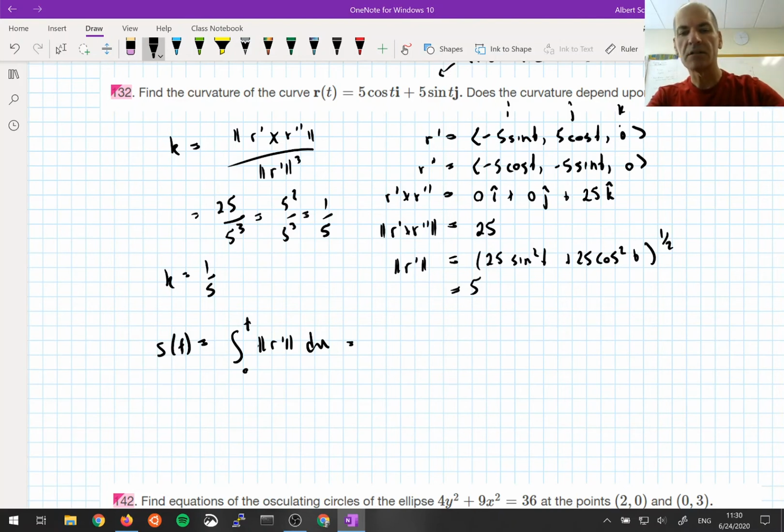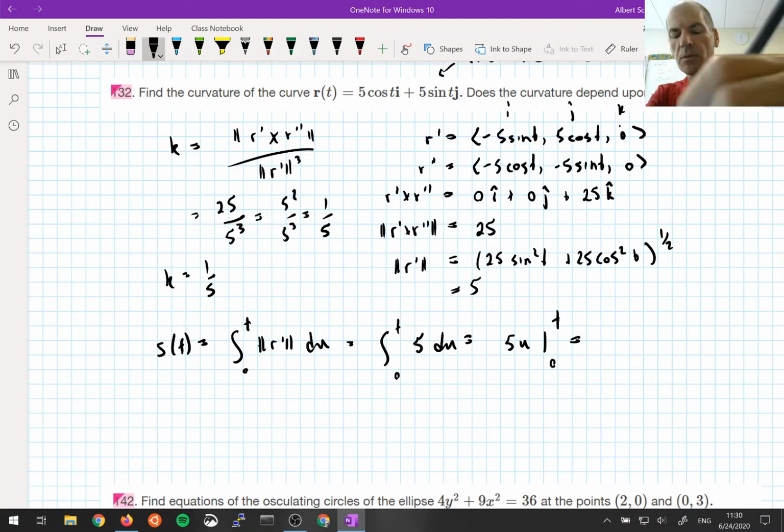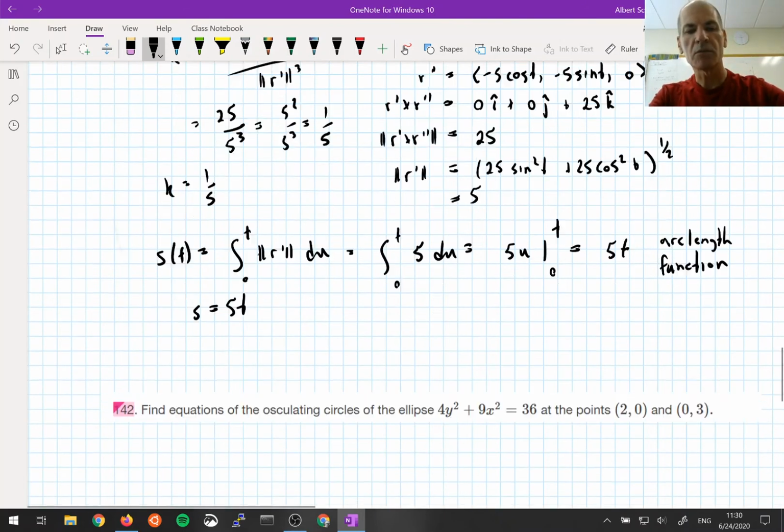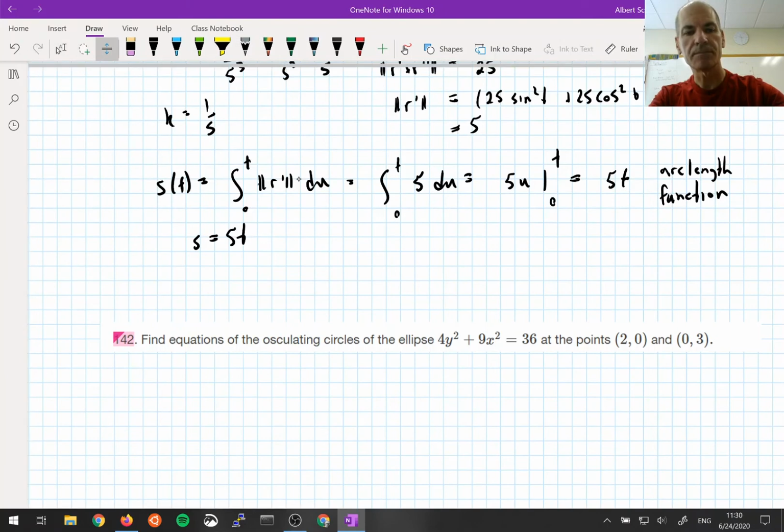We computed the magnitude of r prime already as 5, so the arc length function is the integral from 0 to t of 5 du. Integrating 5 with respect to u, we get 5u, evaluated from 0 to t. Plugging in t and 0 and subtracting, we get 5t. So the arc length function for this space curve is just s equals 5t.